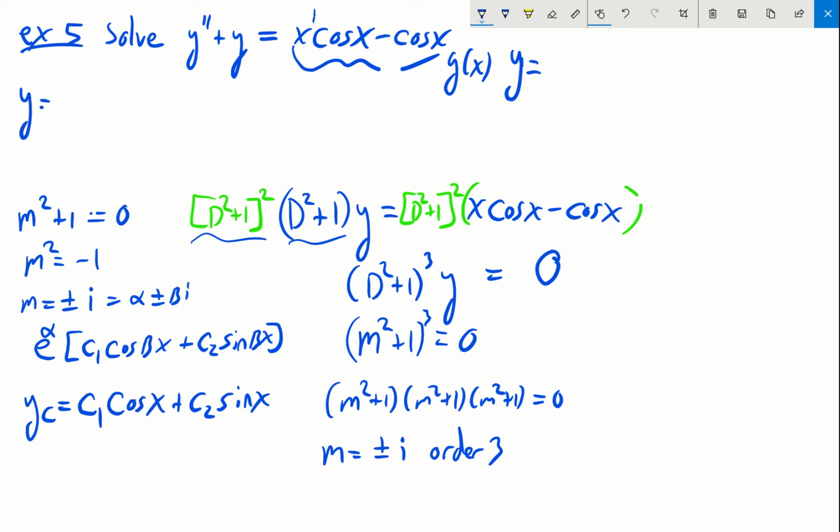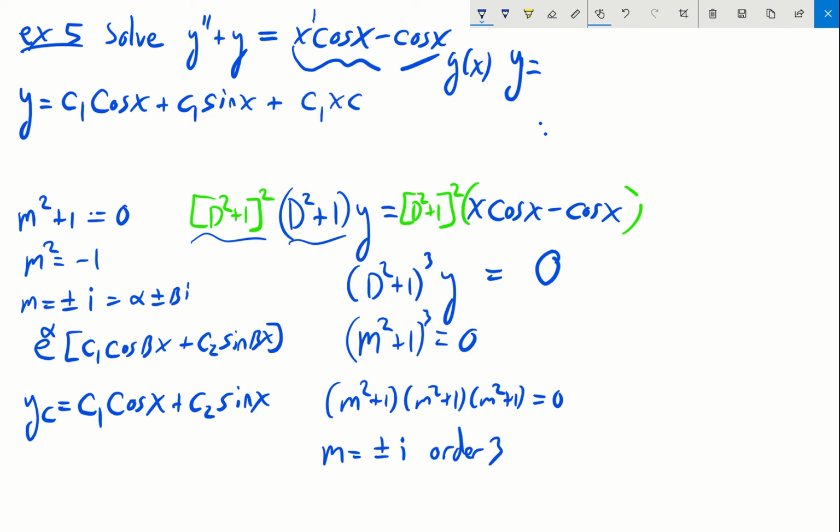So if we had plus or minus i, we know that that would give us c1 cosine x plus c2 sine x. But because it appears with order 3, we're also going to get an x times each of those.